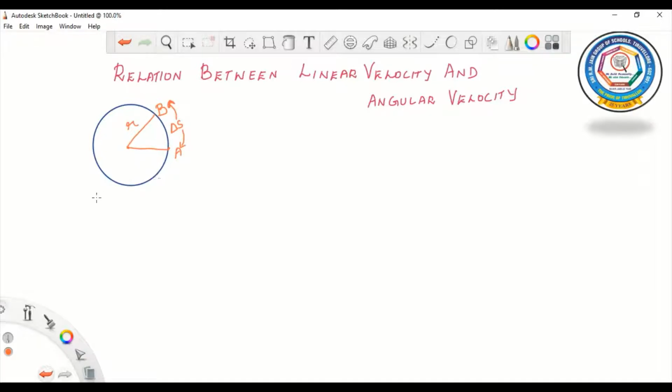The angular displacement of the particle is del theta. So we can write angular displacement del theta is equal to del s by r.